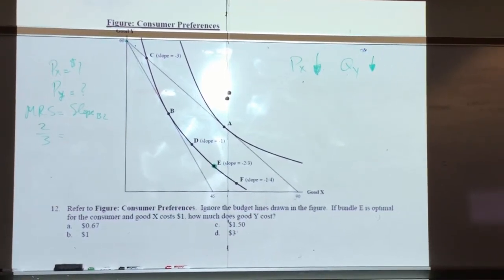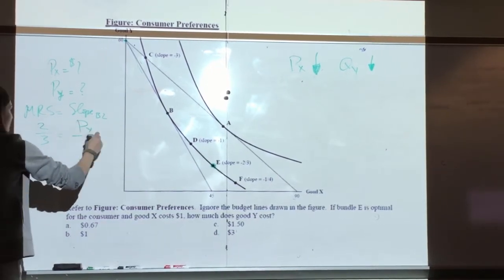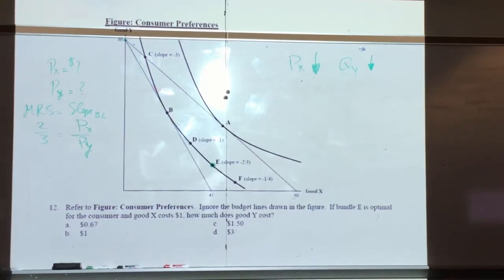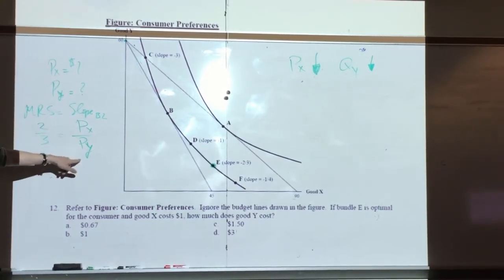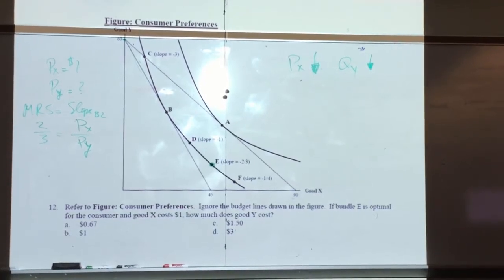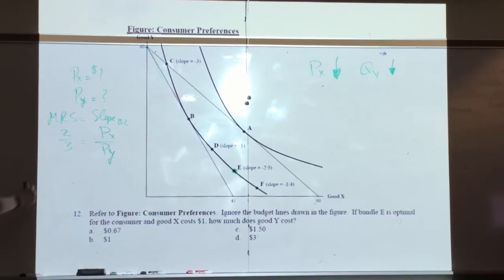What's the slope of the budget line? Price of X over price of Y. Exactly. And that's all you need to know here. I have this, and now this is 1, I need to solve for that. Both of them are going to be negative, but we can ignore the negative. So this is 1, so what is the price of Y?